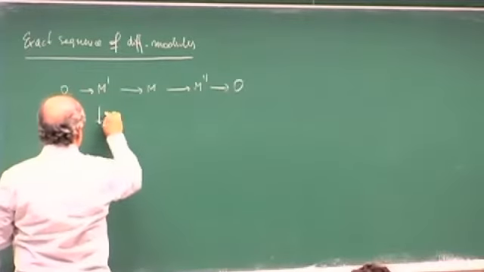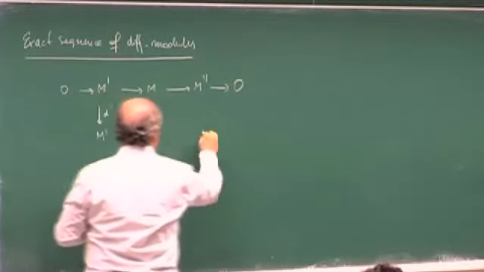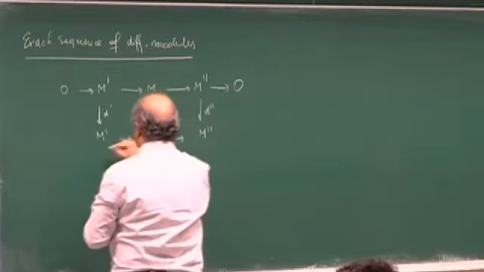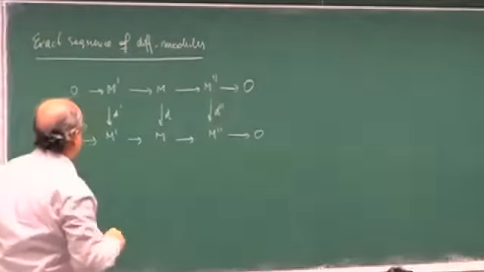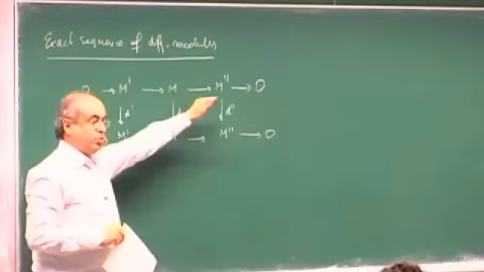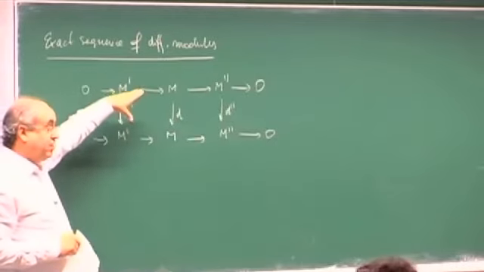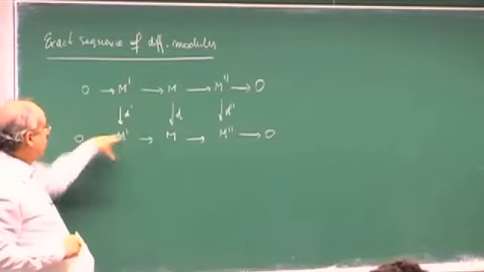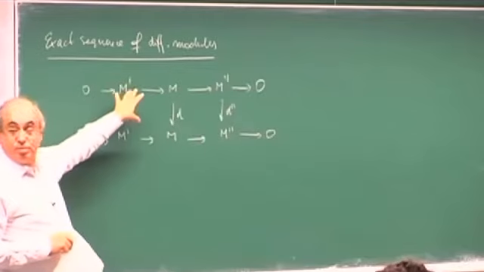So you have a differential here, one in the middle and one on the right, making this diagram commutative. Okay? So not only we have an exact sequence of modules, but we also have differentials, and the differentials are compatible with the morphisms in the exact sequence. So we have this situation where the two rows are exact, and all squares in this diagram commute.